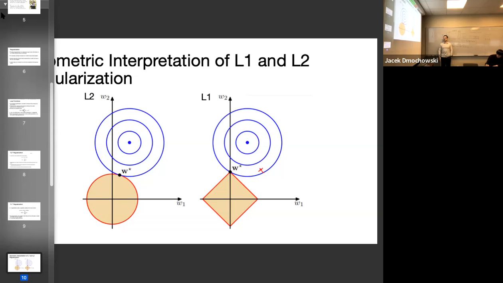And in high dimensions, what you're going to see is that, especially with higher values of that lambda, many of the coefficients will be selected to 0, which is really nice. It's essentially a way of performing what's called feature selection.